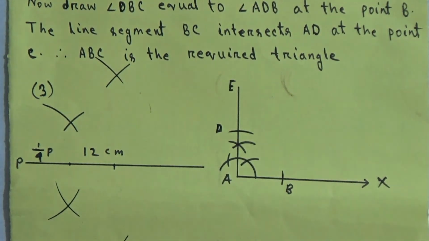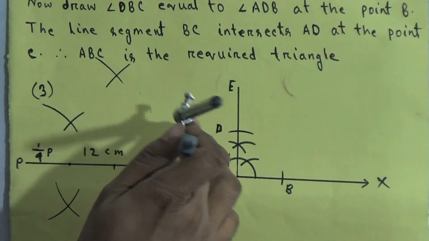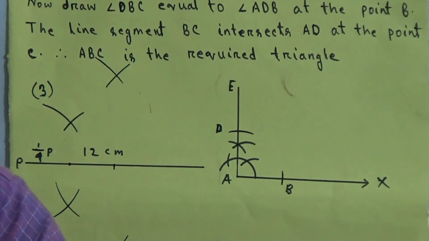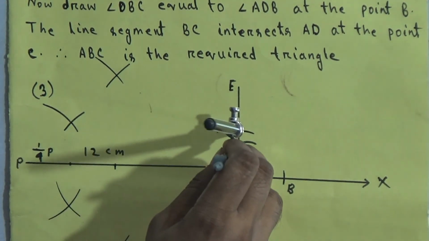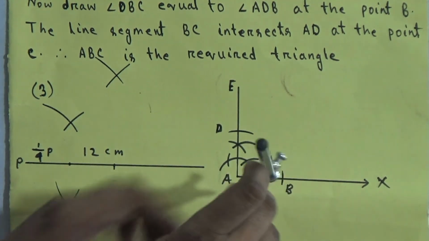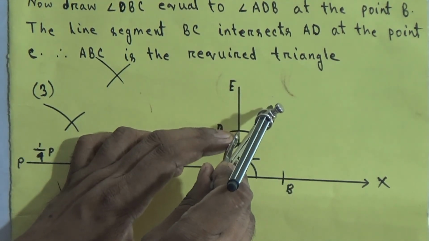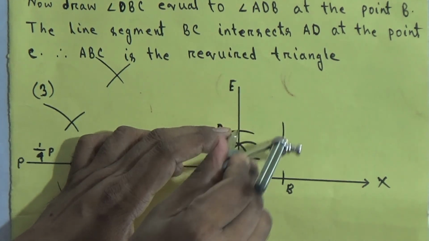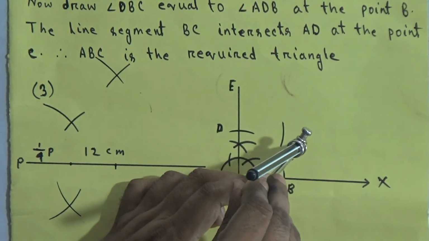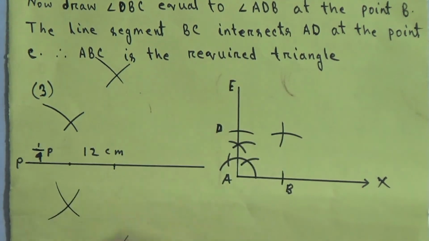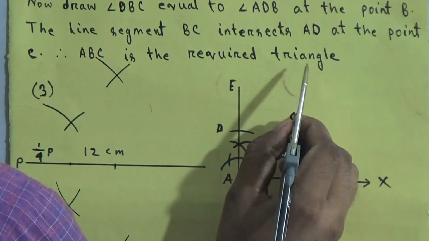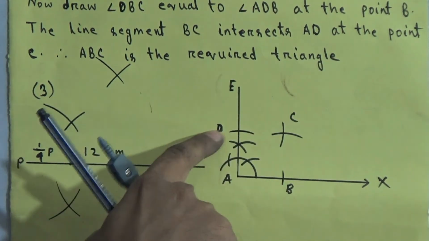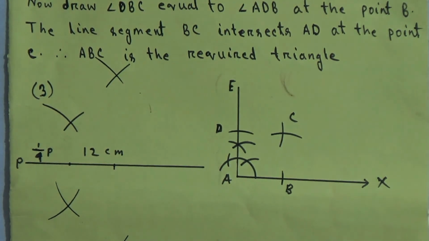Now taking the radius of 1/4 of P and centering point D and B, we will draw two arcs. These two arcs intersect each other at the point C. Now if we join C with D and C with B, then we will get our desired square.